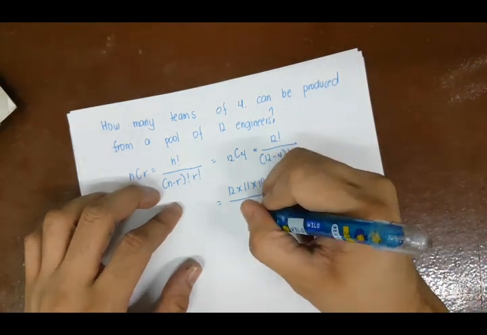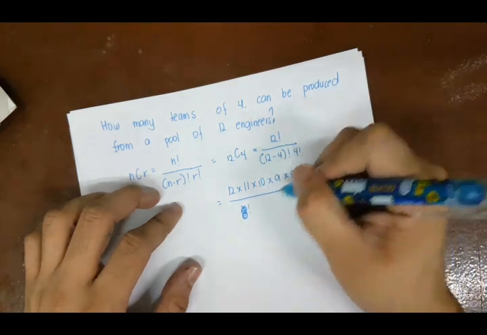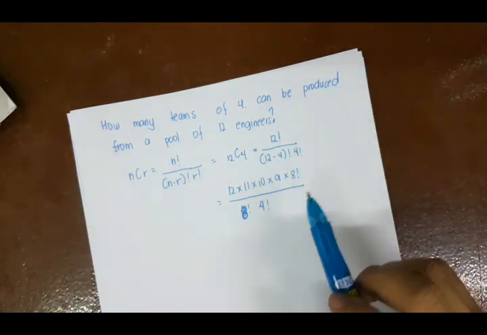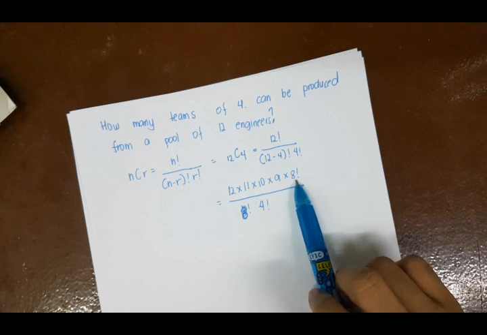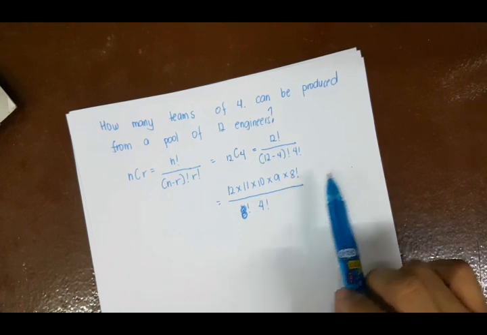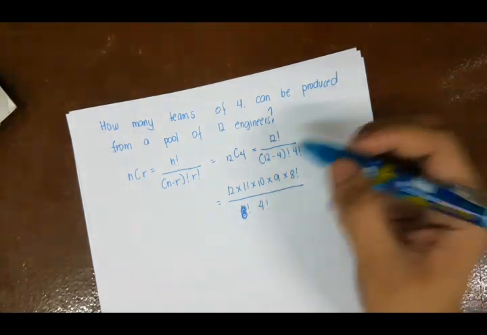Next, 8 factorial, then times 4 factorial. So notice that when we multiply 8 times 7 times 6 all the way to 1, it's just the same as the 8 factorial in the denominator.